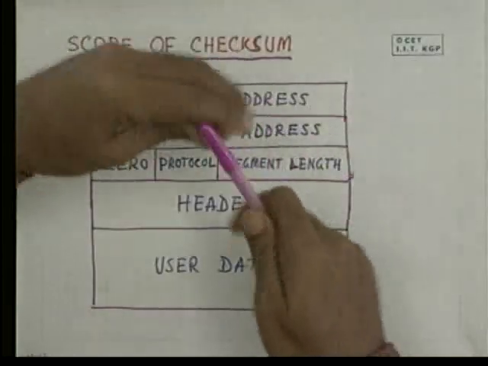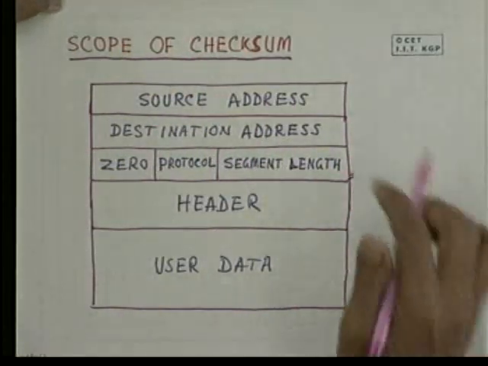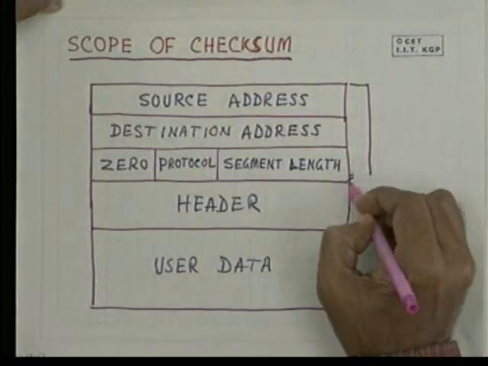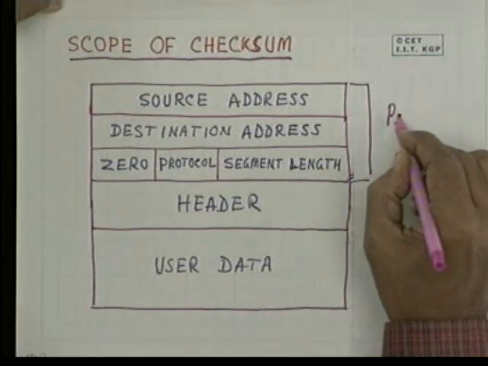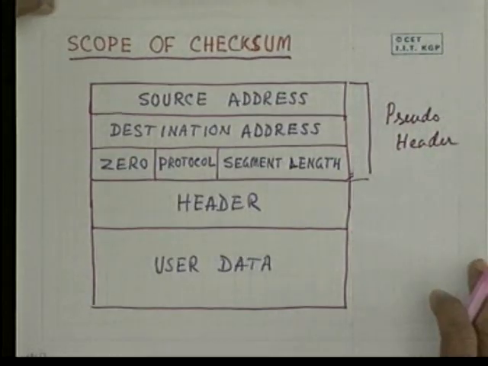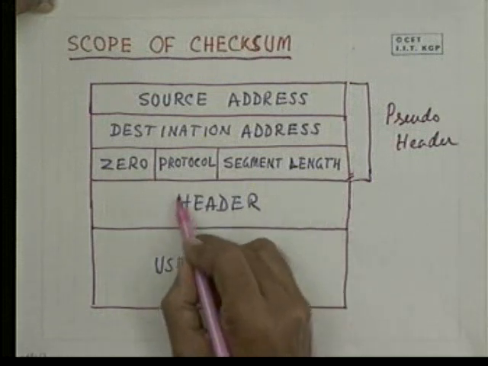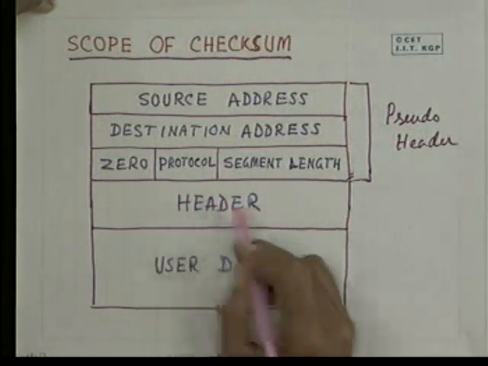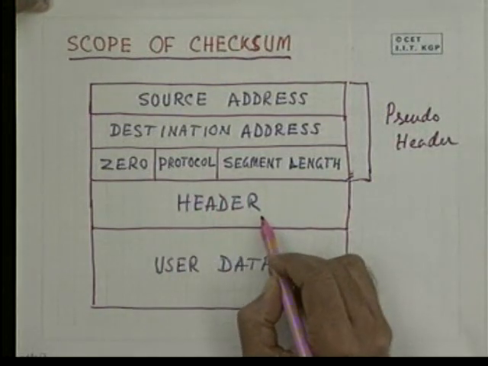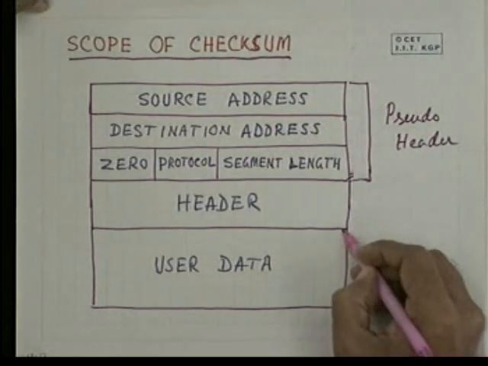Checksum is computed with these fields. The first part is known as the pseudo header. This pseudo header, along with the UDP header, or it can be for UDP or it can be for TCP, so this checksum is valid for both, and then the user data.